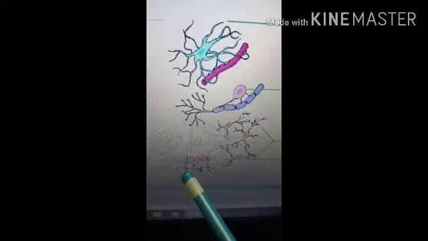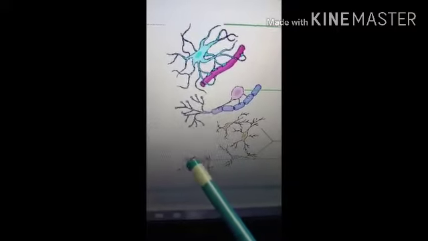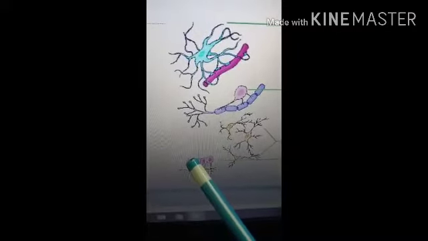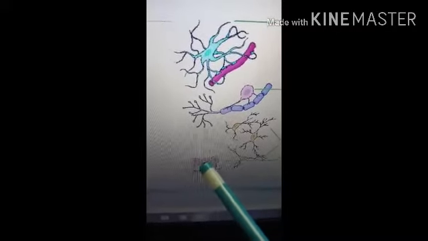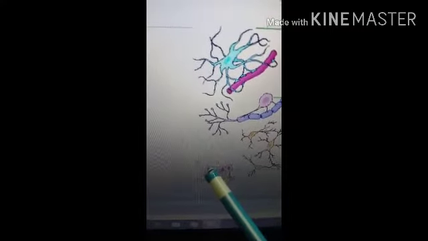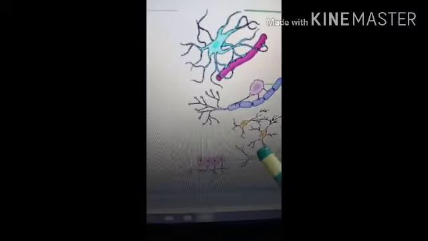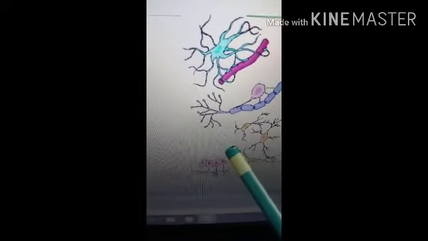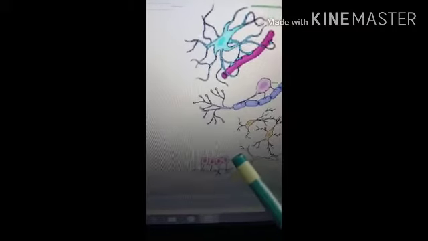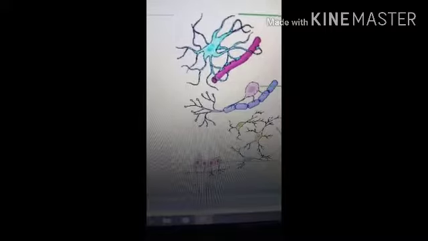These are the specialized ependymal cells which are present in the choroid plexus, which secrete the CSF, and the cilia of the ependymal cells assist in moving the CSF throughout the cavities of the brain. Then the ependymal cells lining the floor of the fourth ventricle have long basal processes which terminate as tanycytes.